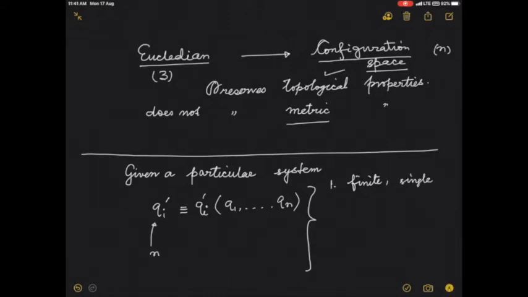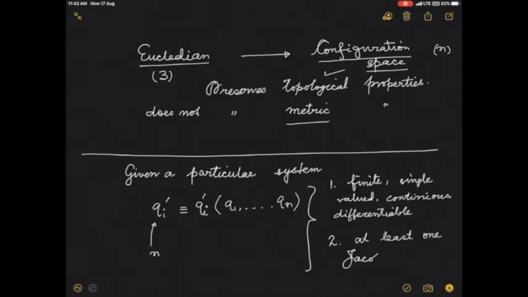It should be single valued, so one c point in one configuration space will map to one c point in the other configuration space. Continuous, so if I have a curve, that should map to a curve. Differentiable, and this is related to the finiteness, that at least one Jacobian element is non-zero.